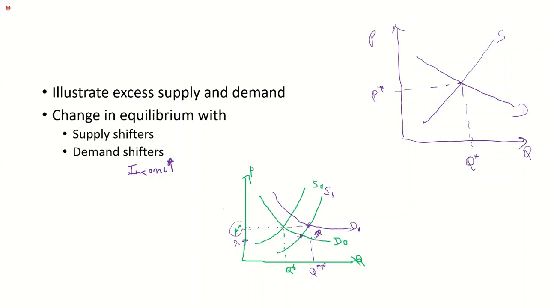Or if there are any changes to demand, for example, the tax, or taste and preference change, weather impact, any shift in the demand, we can find how the equilibrium changes and how that would affect the price and quantity in the market.